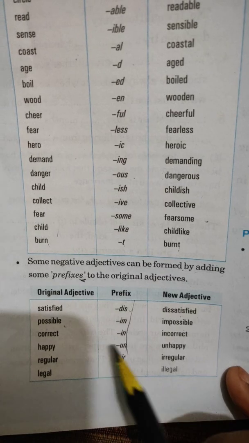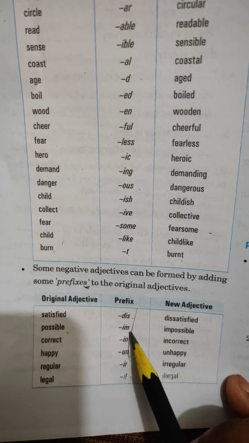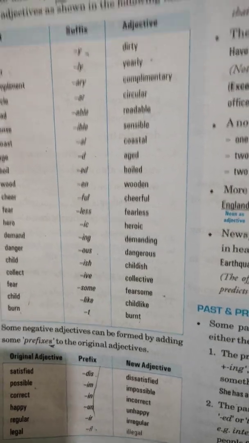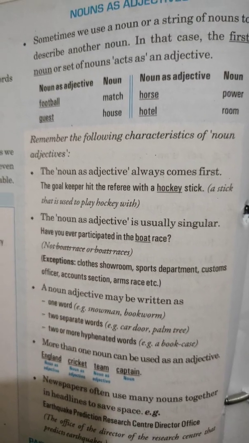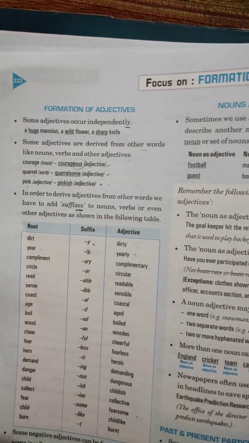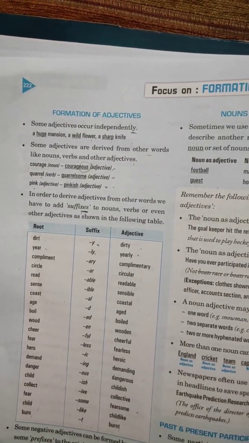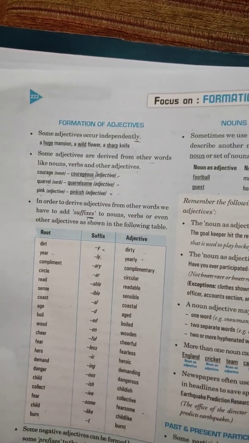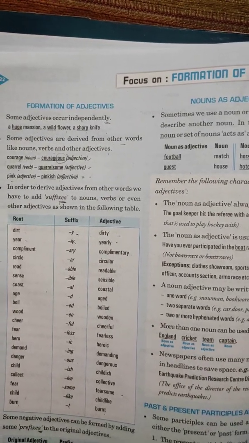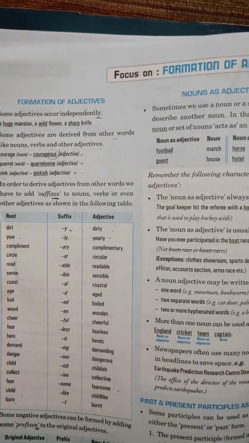Possible, impossible. Here I will also introduce one more word. Sometimes when we say my work is complete, but it is not completed, you try to say it incomplete, which is a wrong word. It is always said as incomplete.